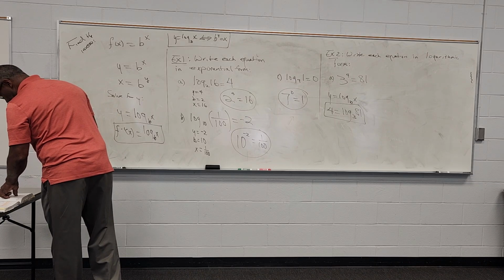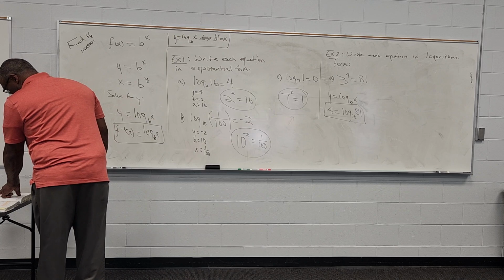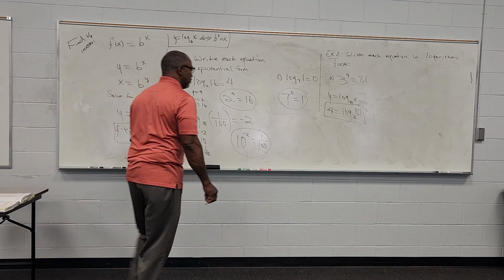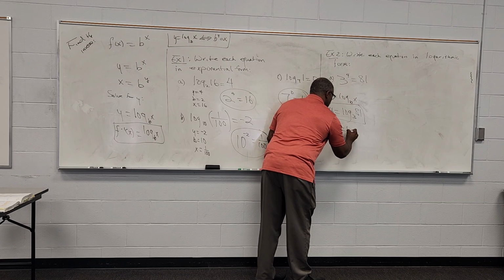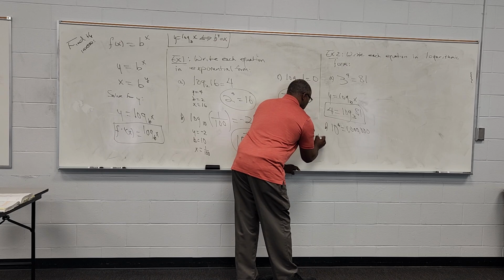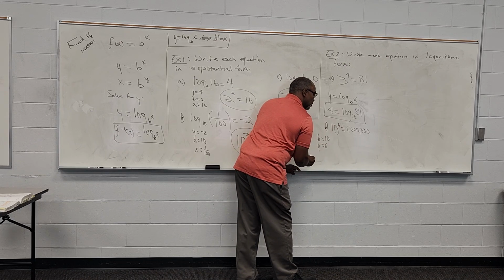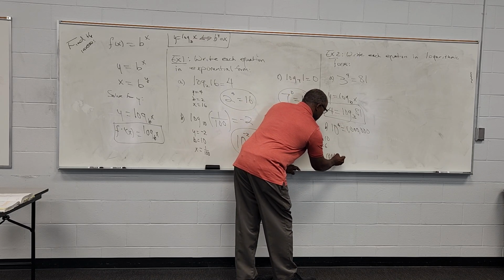B was 10 to the 6 equals 1 million. B is 10, y is 6, x is 1 million.